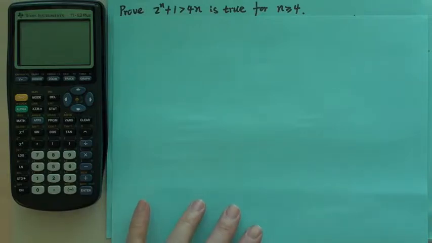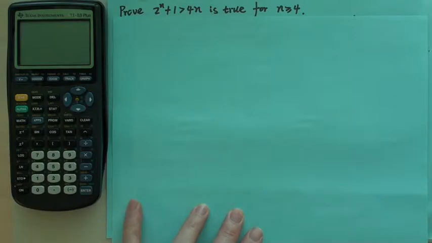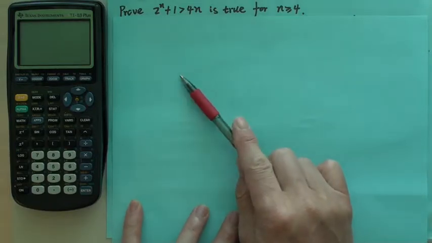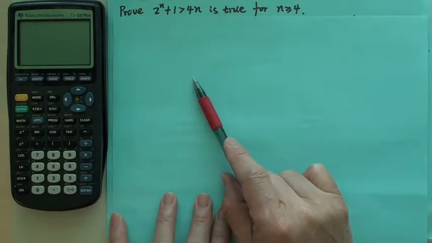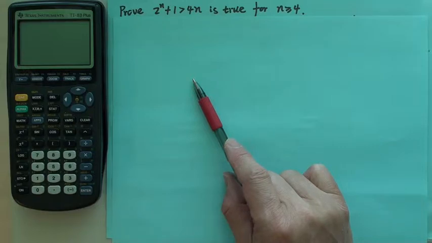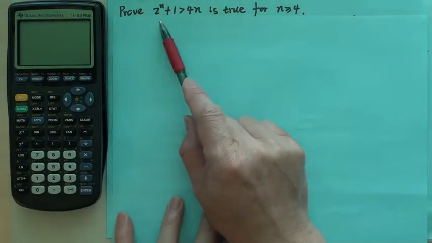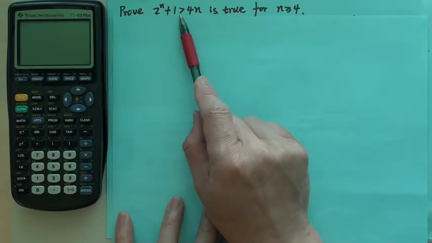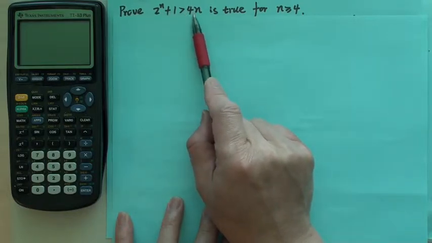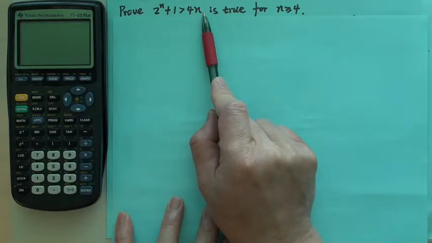We have learned how to use mathematical induction to prove an equation is an identity. There we started with n equals 1. Here, this one is different. It asks us to prove that 2 to the n plus 1 is greater than 4 times n.